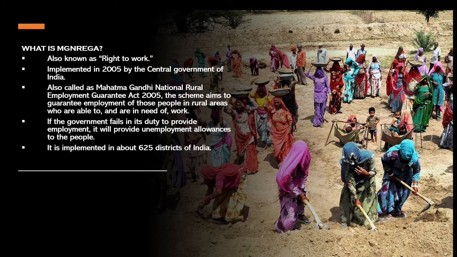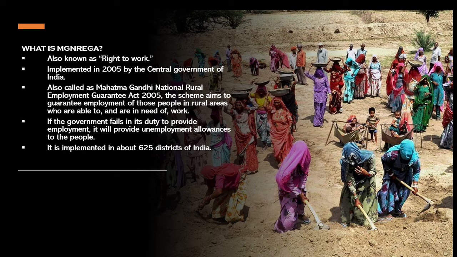Now, another provision that our government has provided is MGNREGA. What is MGNREGA? It is also known as Right to Work. It was implemented in 2005 by the Central Government of India, also called the Mahatma Gandhi National Rural Employment Guarantee Act, passed in 2005.